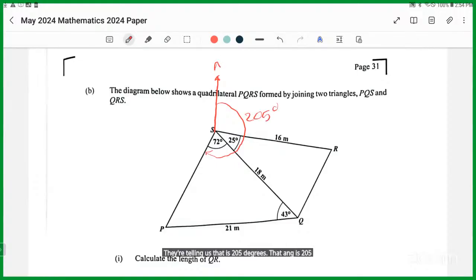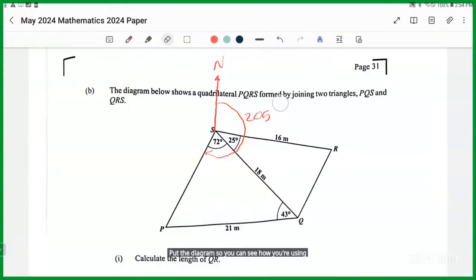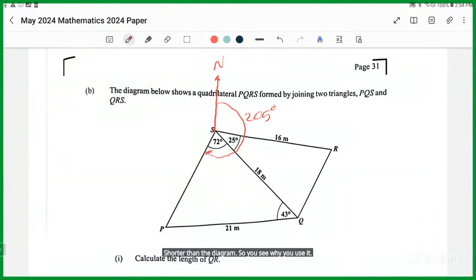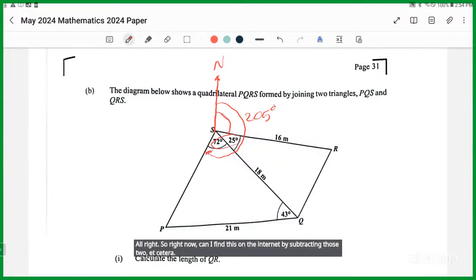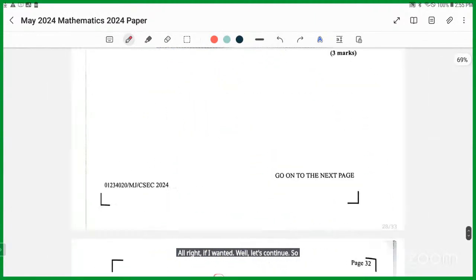That's what they said, right? Put it on your diagram so you can see how you use it. Don't just take the information. Show it on the diagram so you see how you use it. Right now we can find this angle in here by subtracting those 2. But let's continue. Put it on the diagram and then we're going to answer questions now.